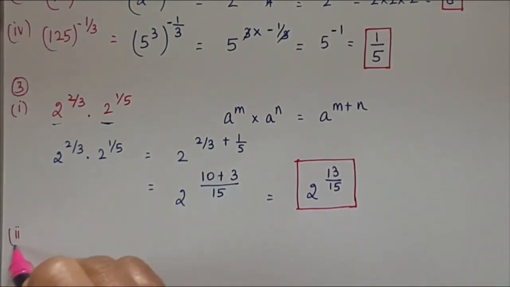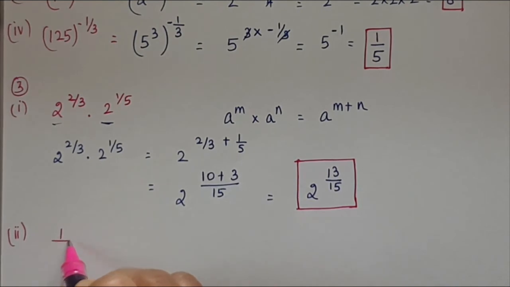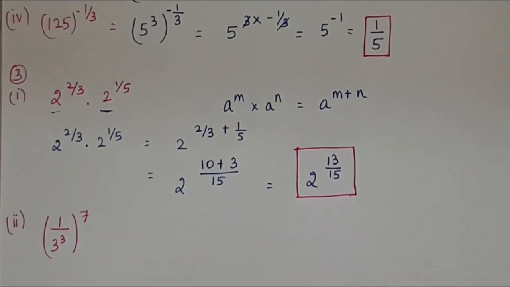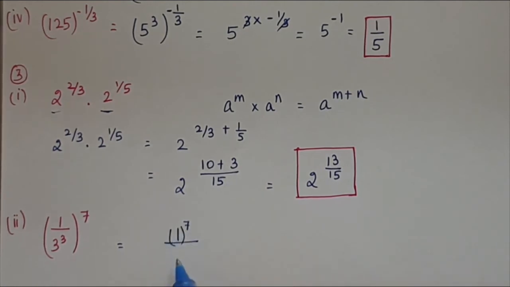Second part. 1 by 3 cube the whole power 7. So this can be written as 1 power 7 by 3 cube the whole power 7.